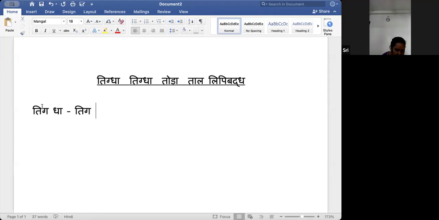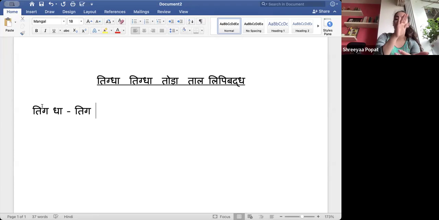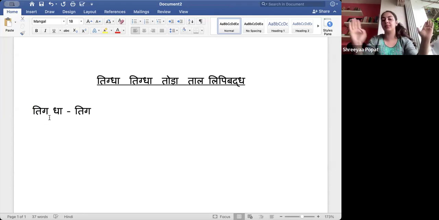So if you're saying 1, 2, 3, 4, Tigdha tig, there's a gap after dha on position 3. Wherever there's a gap, we put a hyphen. Now this tig is joined. We are saying it together, not tig, dha, tig. So to clarify that, we make a round bracket under tig to show that we are counting it as one entire syllable and not 2 separate ones.